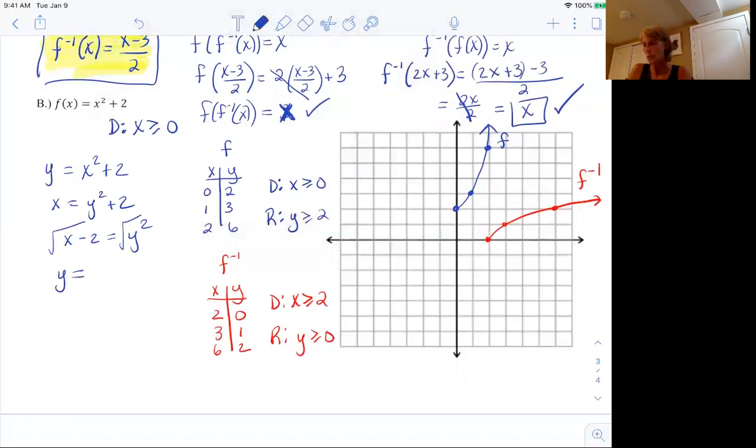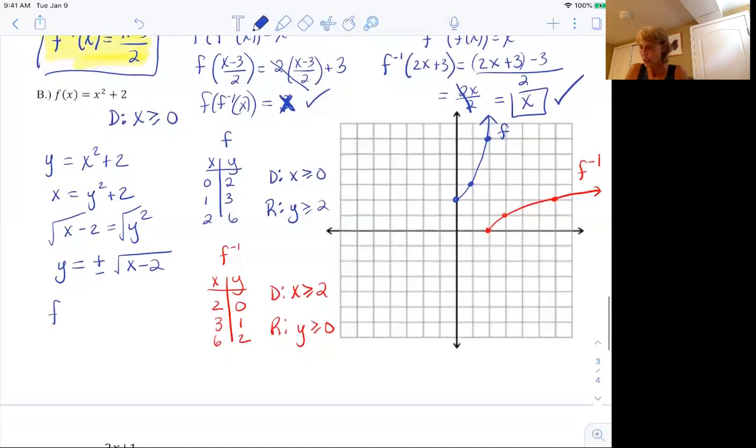So y equals, now technically y equals plus or minus the square root of x minus 2, but as we can clearly see in our graph, we're dealing with the positive version. The negative would make our sideways parabola. So my inverse function is just the positive square root of x minus 2.